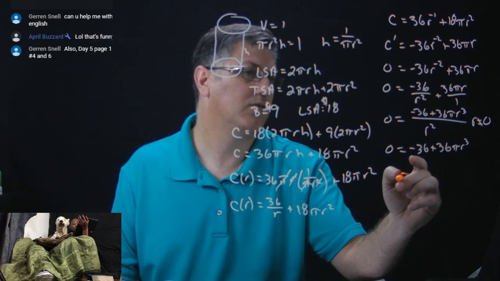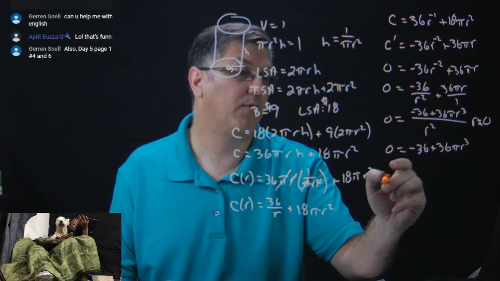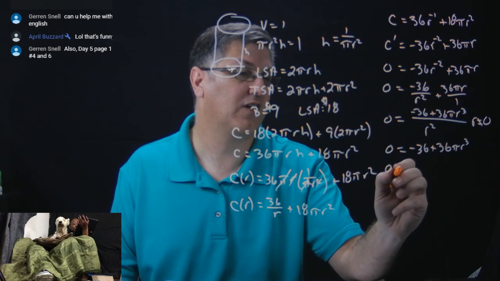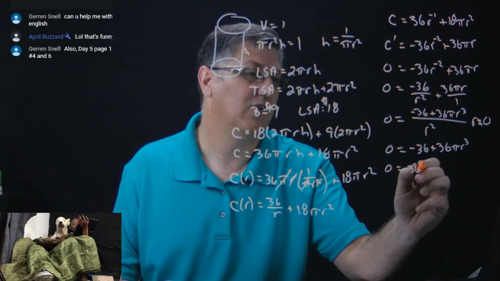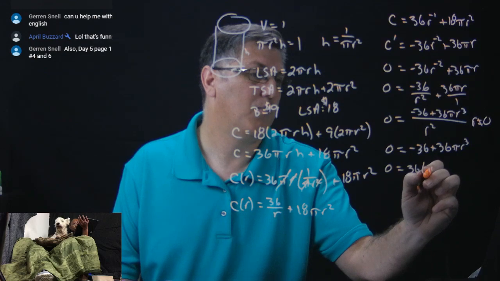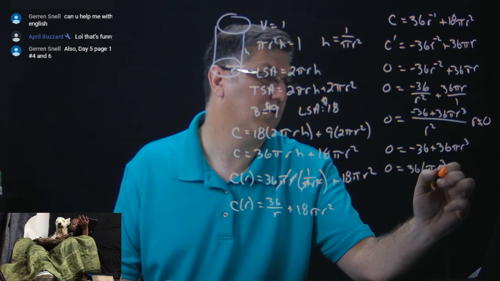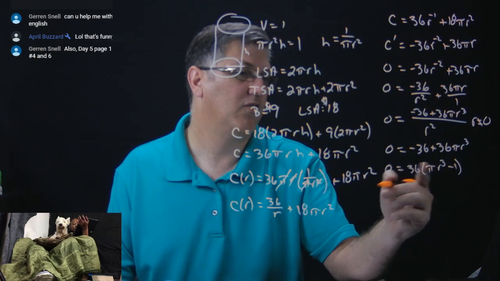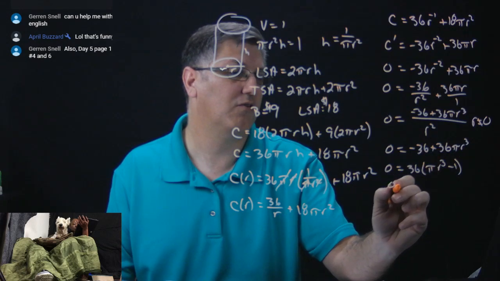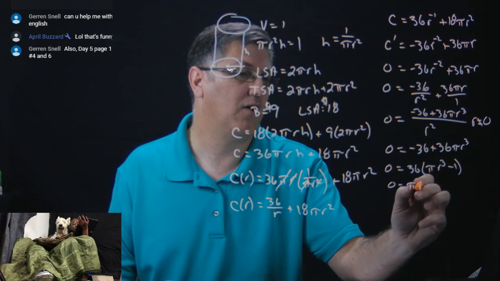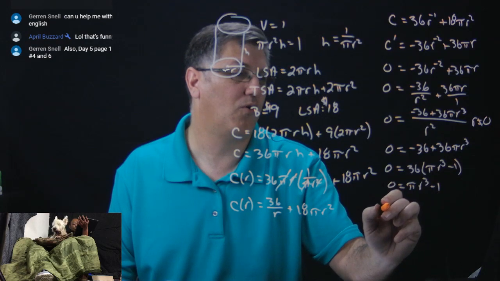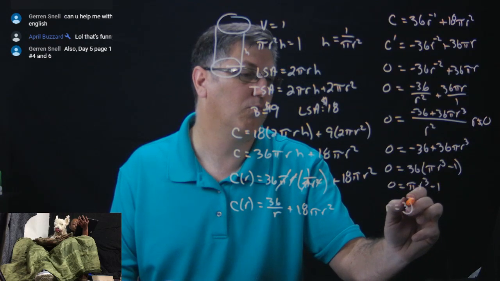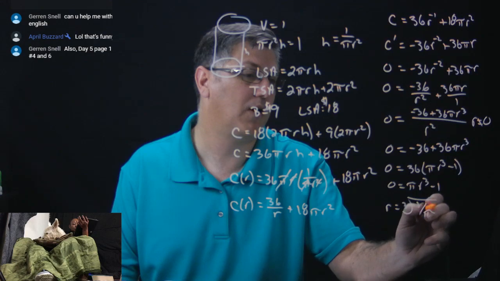From here, I'm going to rearrange this and factor out 36. I got 0 equals 36 times pi r cubed minus 1. Divide both sides by 36. That gives me 0 equals pi r cubed minus 1. Solve for r, and I see that r is going to be the cube root of 1 divided by pi.